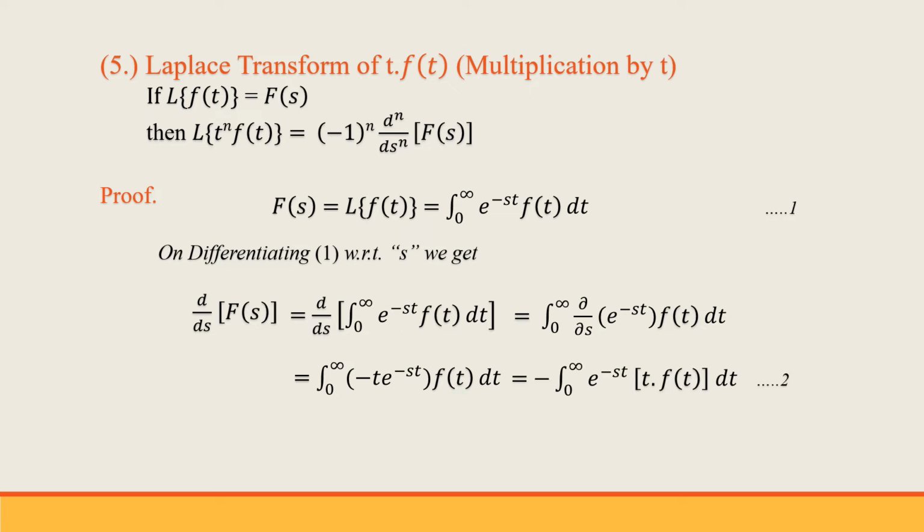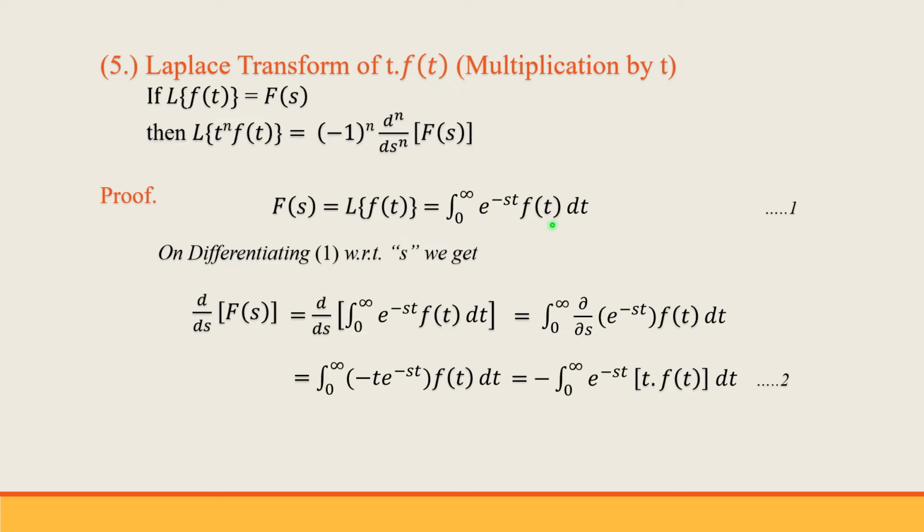Taking out the minus sign and rearranging the equation, we can write it as minus integral 0 to infinity e raised to the power minus st into t f(t) dt. Now see, by the basic definition of Laplace transform of any function f(t) is integral 0 to infinity e raised to the power minus st into f(t) dt.